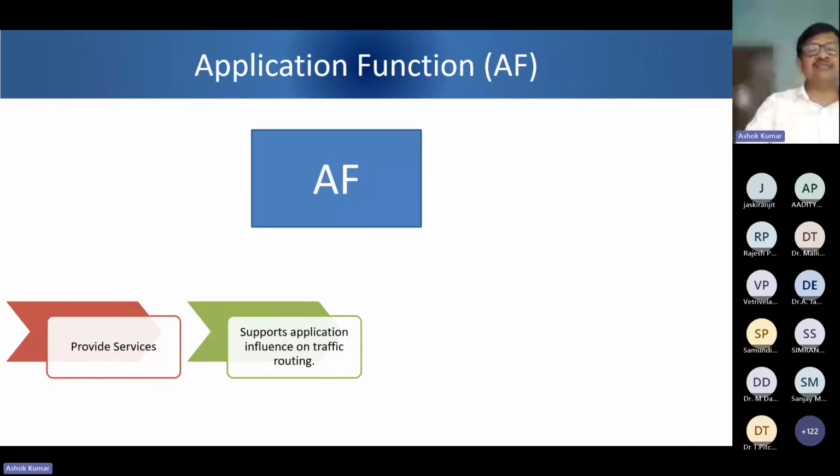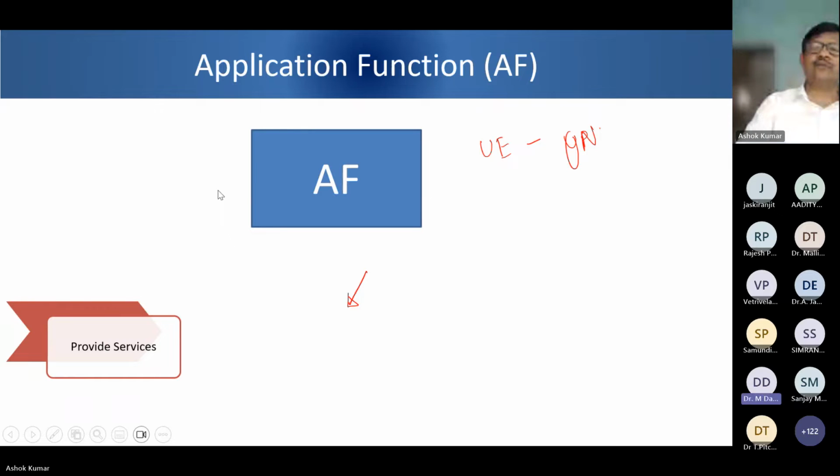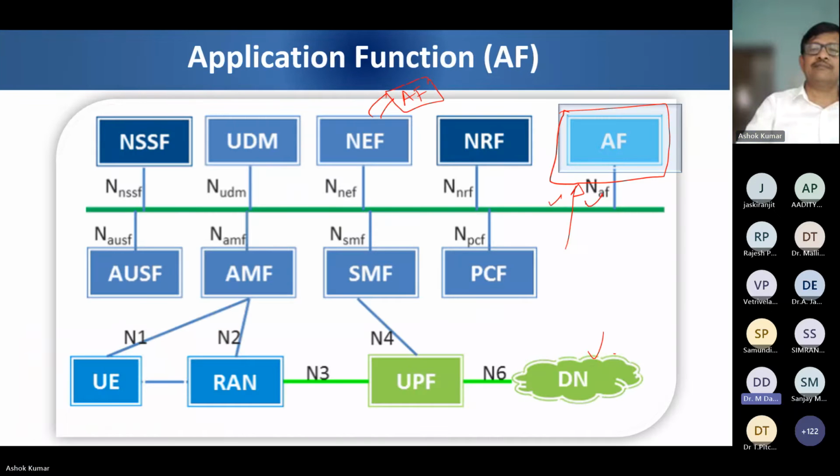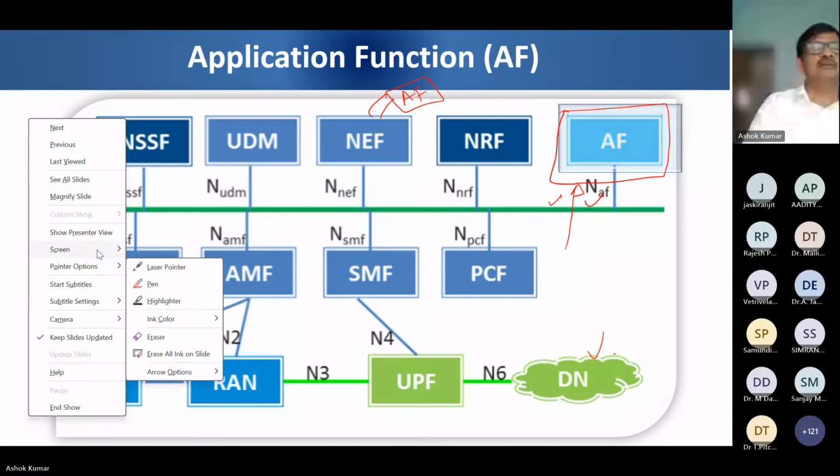So, provide services, support application influence on traffic routing. This is a very beautiful statement. Application function will have 2 components.